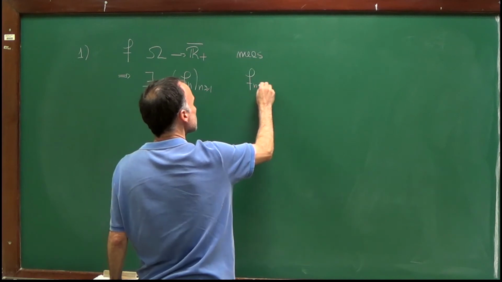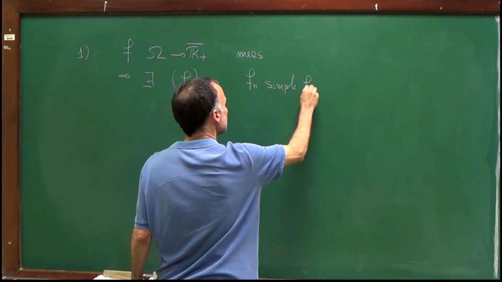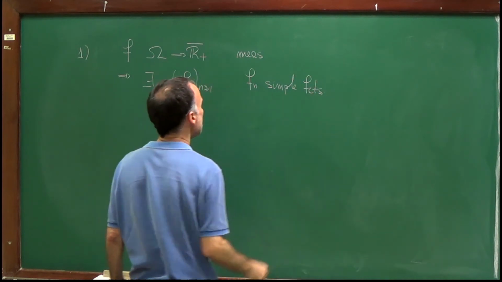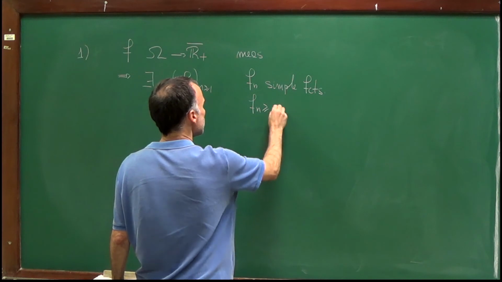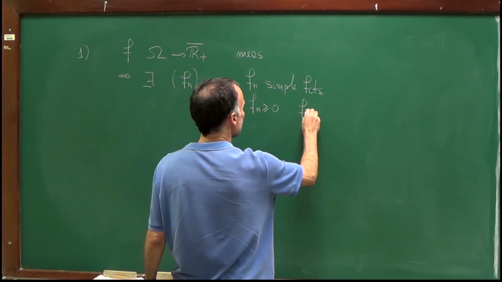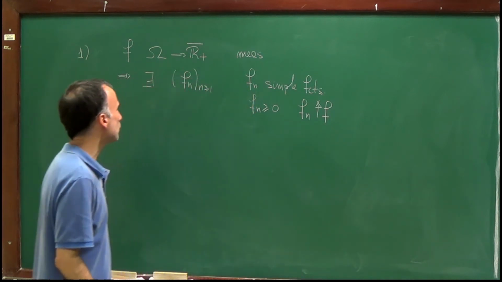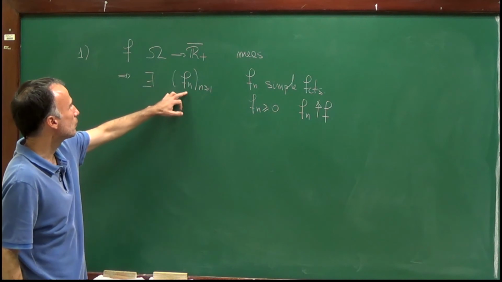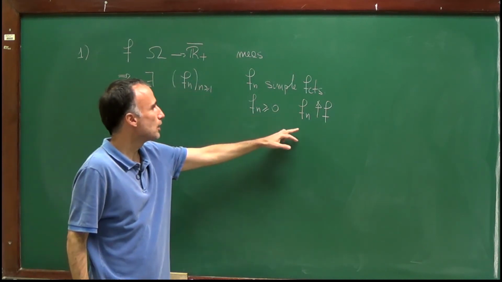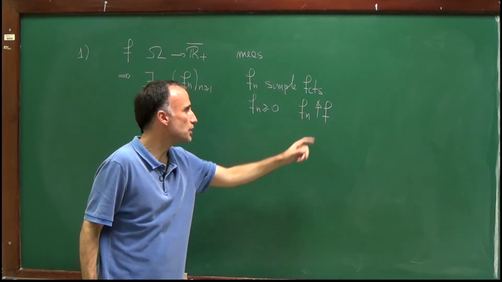So the fn are simple functions which are non-negative and which increase to f. So we'll first prove that. So if you take a non-negative measurable function, we can always find a monotone sequence of non-negative simple functions which increase to f.